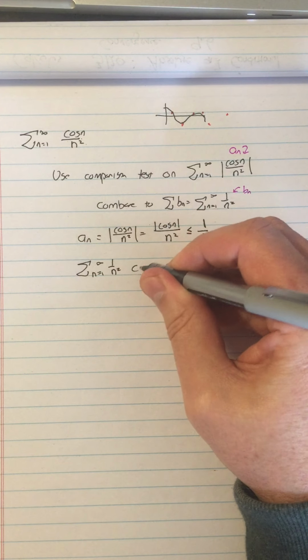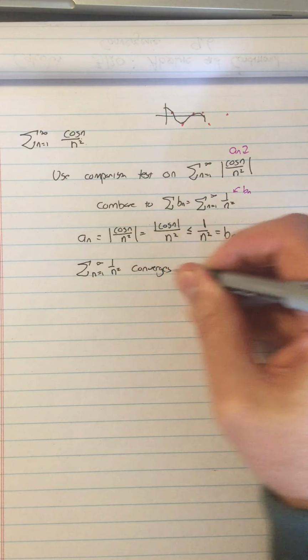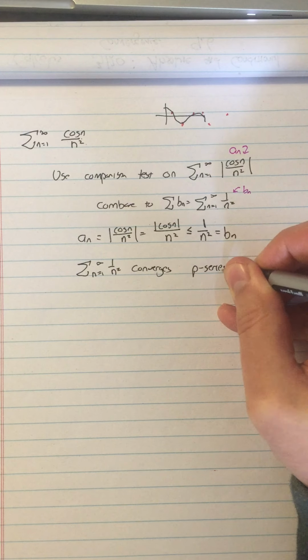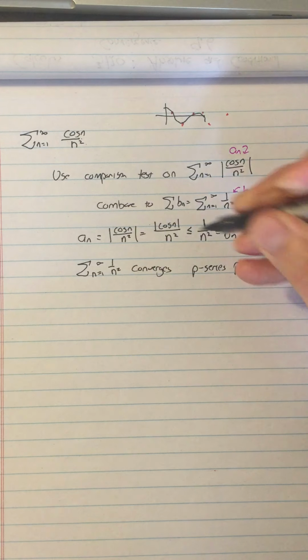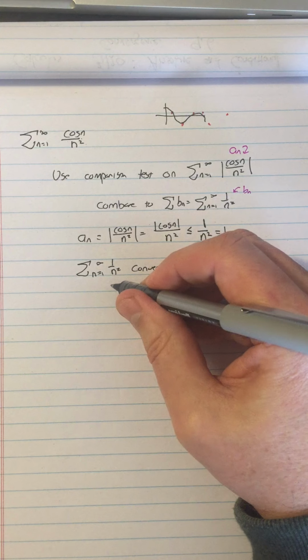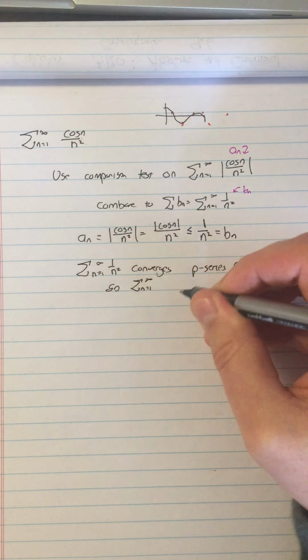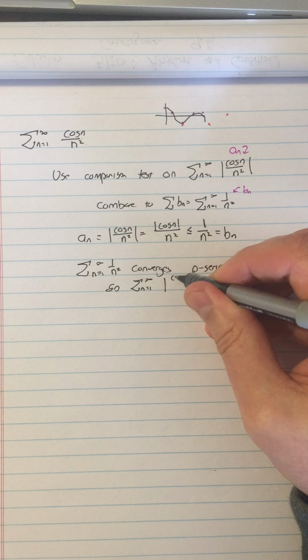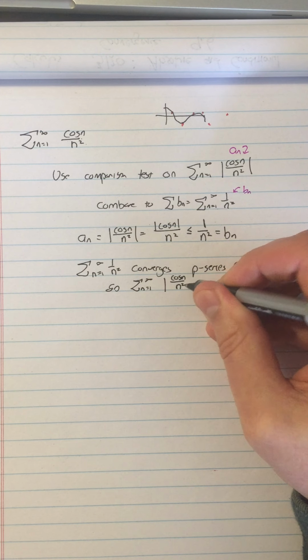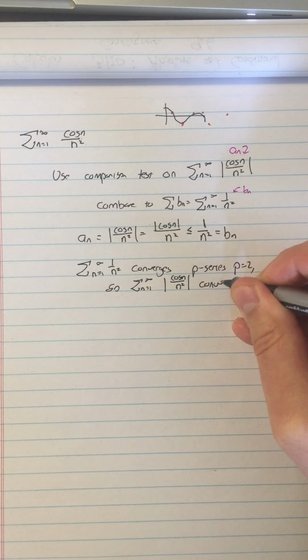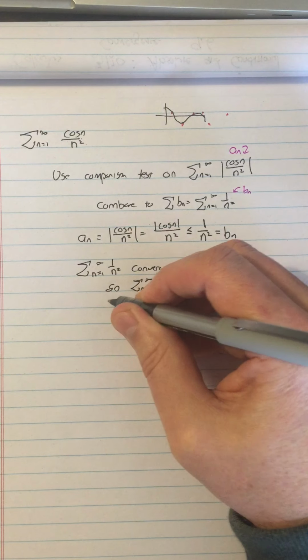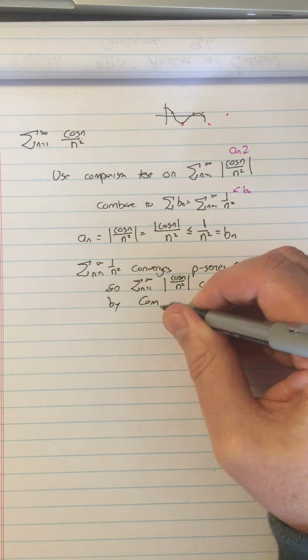The sum of 1 over n squared converges because it is a p series with p equals 2, and I've established this inequality, so the sum from n equals 1 to infinity of the absolute value of cosine n over n squared converges, and I want to cite the test that I'm using: by comparison test.